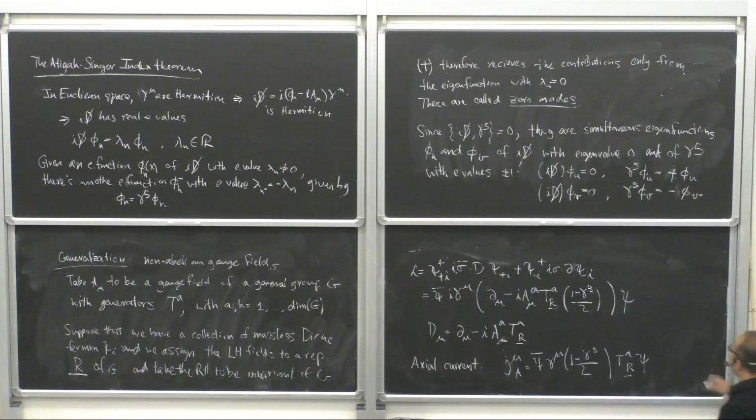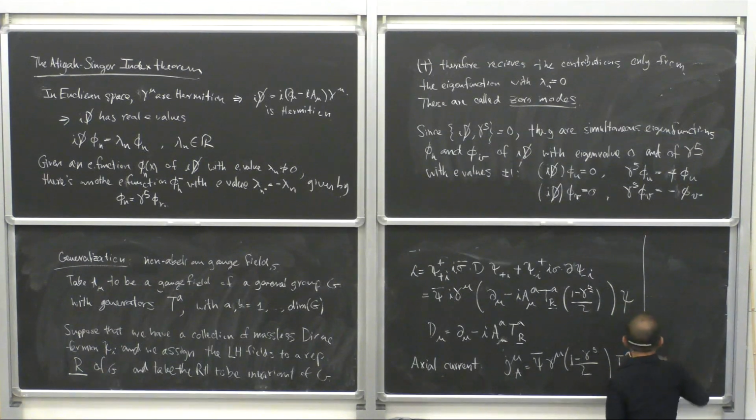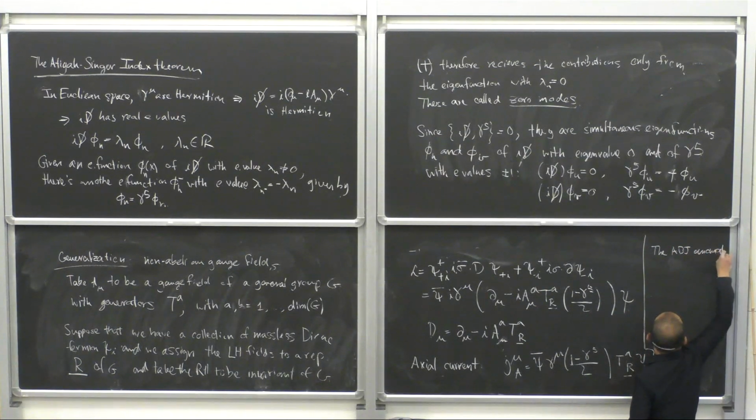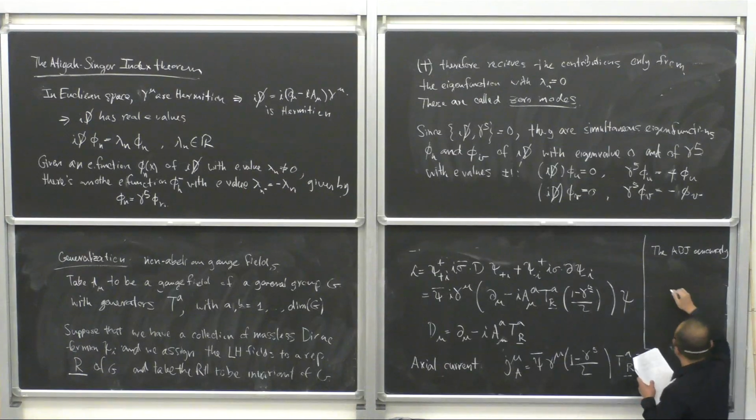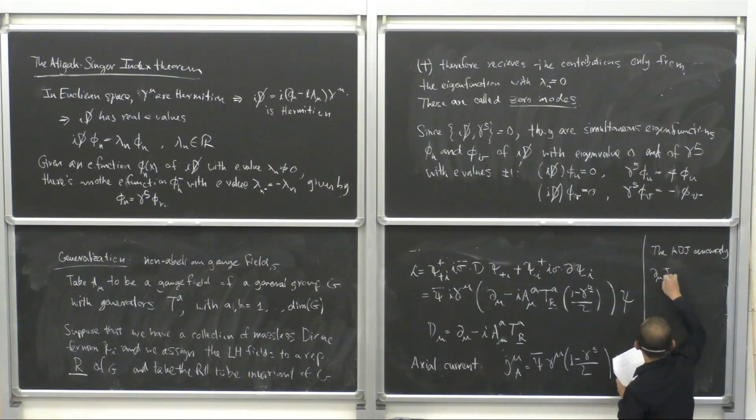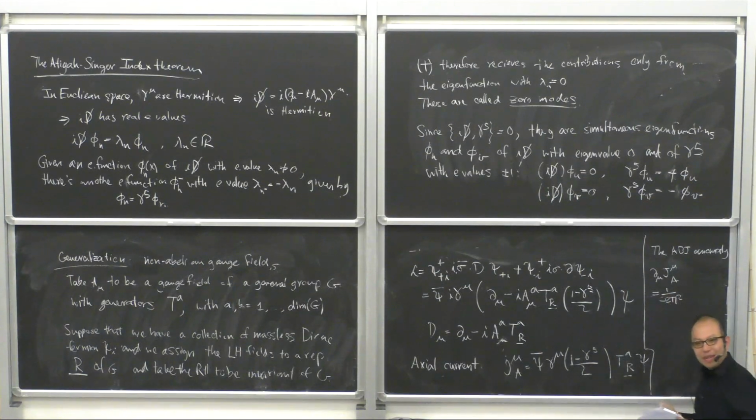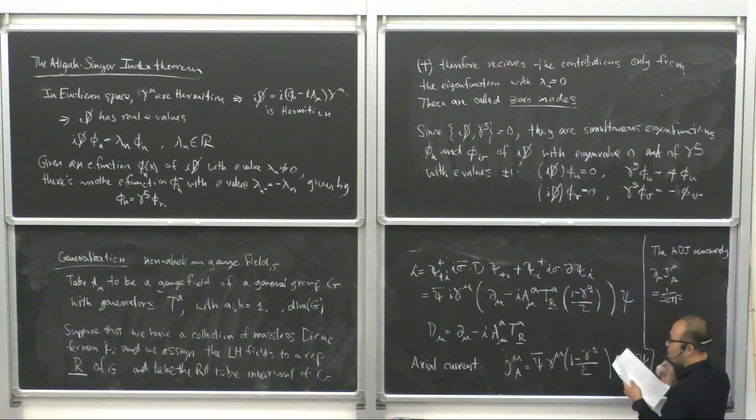So now the ABJ anomaly will become d_mu J^mu_A equal to 1 over 32 pi squared. You might ask, why am I keep changing from 16 to 32? If you stare at it carefully, this is a very subtle point I will explain. It comes from some group theory factor.